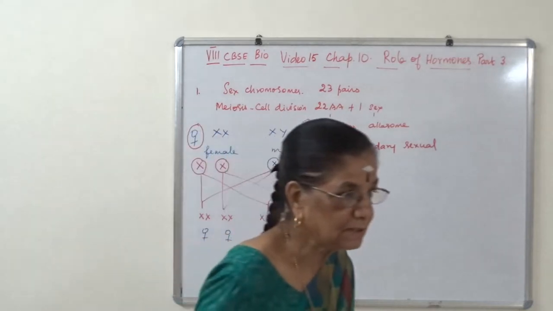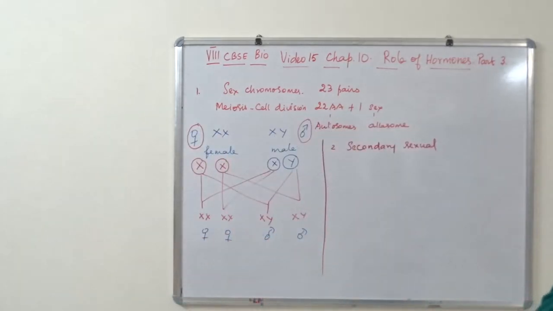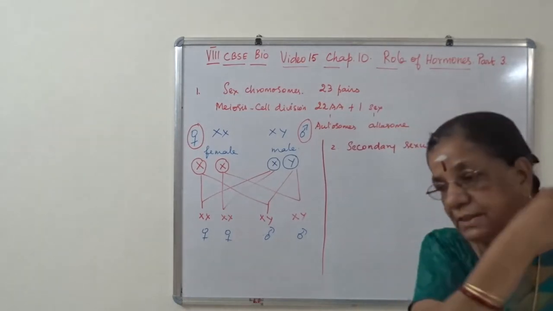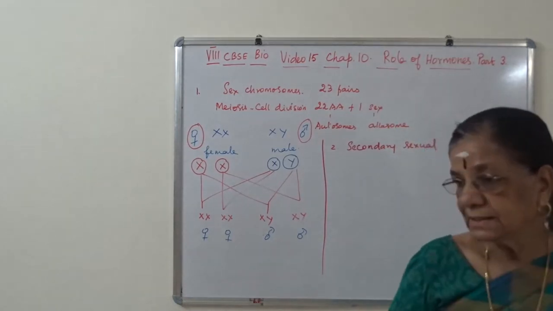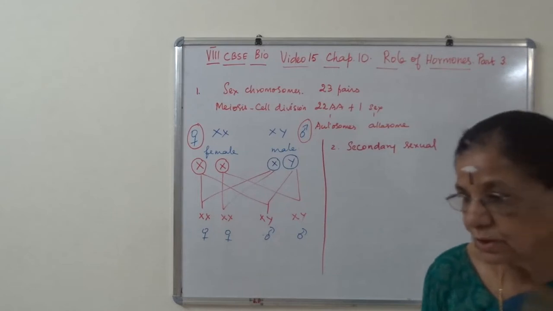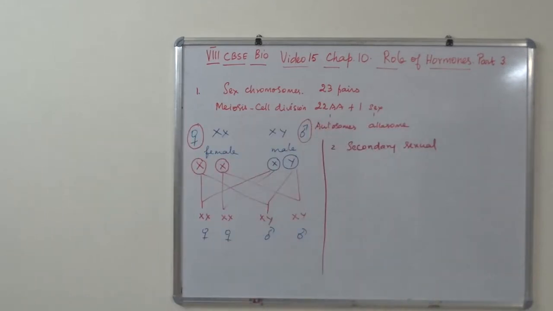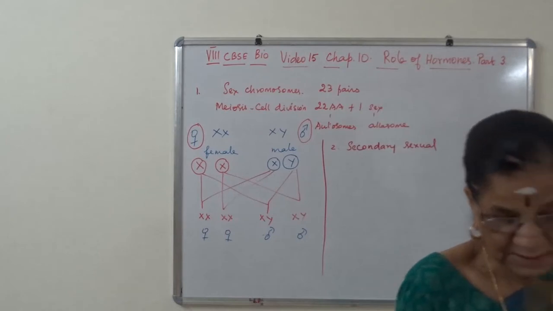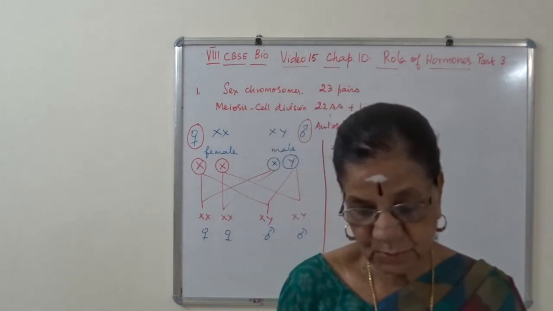So as a result of reproduction in humans, first primary sexual characters and then secondary sexual characters are formed. I hope you understand. So just to recollect, that is what I said now.